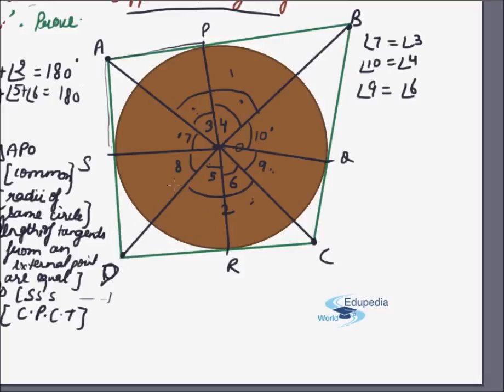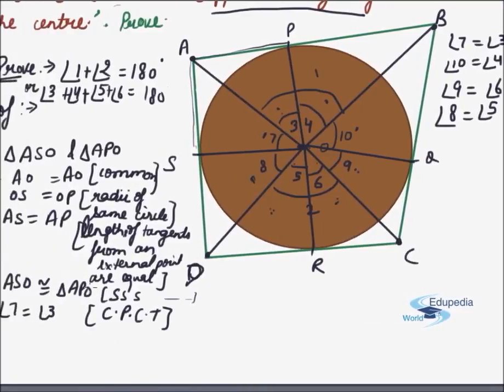Similarly, for point D, we can prove that angle 8 is equal to angle 5 by following the same procedure as done here. Now friends, if we look at the right hand sides of all these equations, we can see that they contain all the angles whose sum we need to prove as 180 degrees.